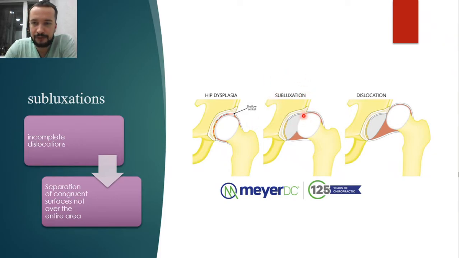There you see that we have an incomplete dislocation, and we have some contact with the congruent surfaces of the joint, but you see that the surfaces move away and don't fully connect.